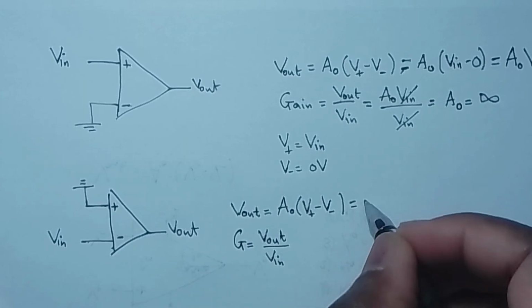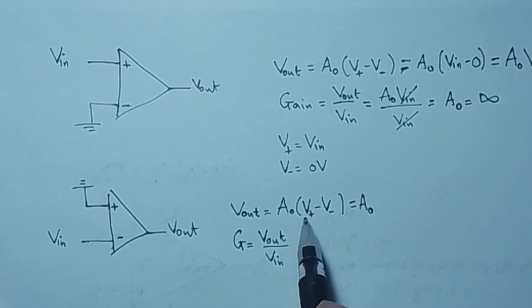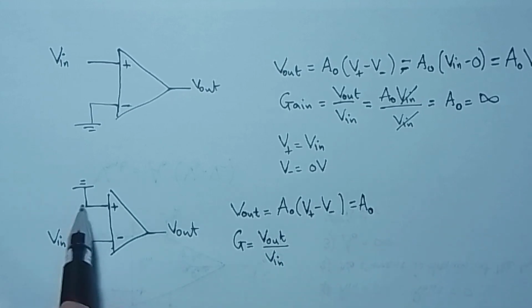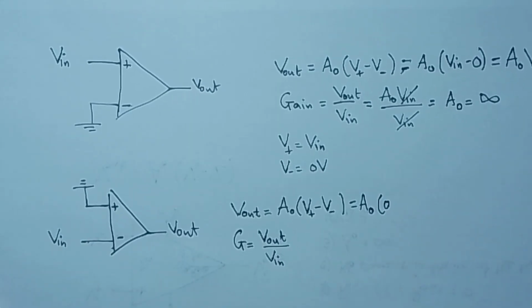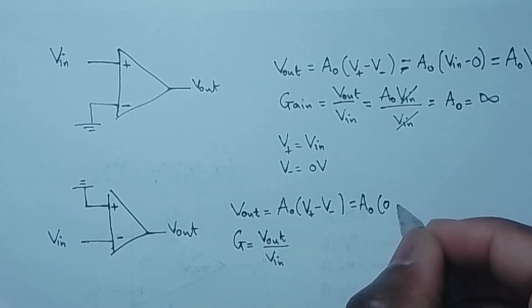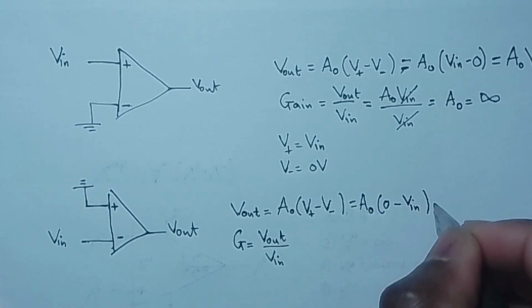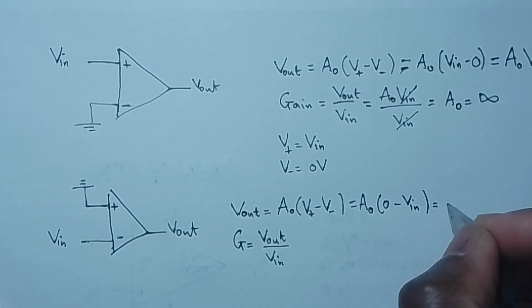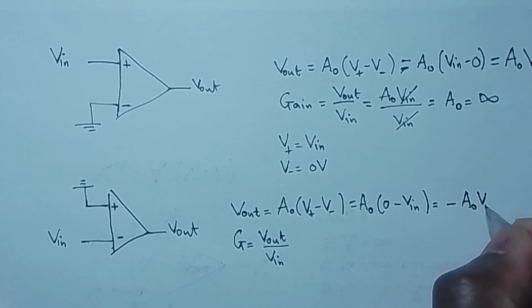Here V plus is connected to the ground, therefore it's 0, while V minus is connected to V in, so we have minus V in, which is equal to minus A0 V in.